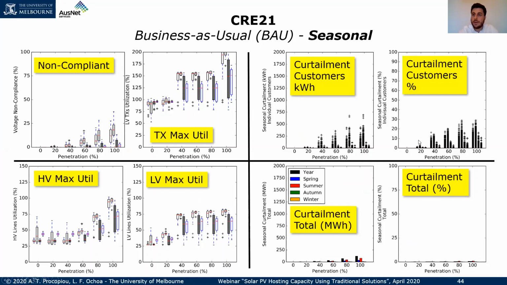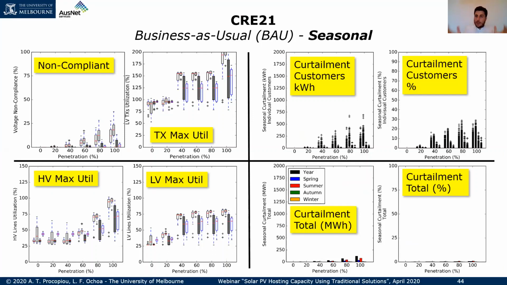And you can even see that for individual customers, the percentage of total curtailment is significantly low, because the median of the percentage of curtailment throughout the year and different seasons is close to 1 or 2% throughout the whole year. And we have only a few outliers that had to curtail up to 30% of generation.